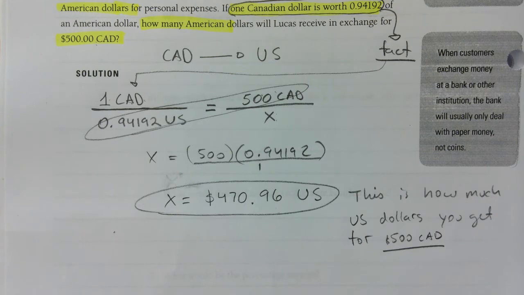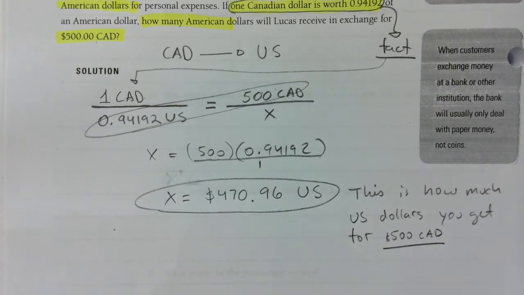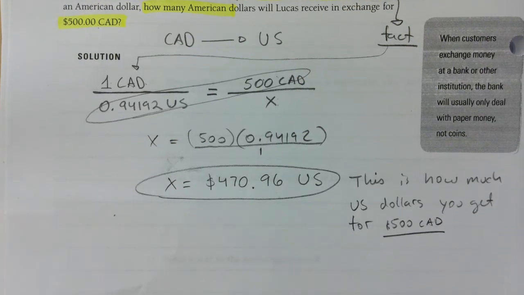You're going to get less. So basically, what that is also telling us is that their currency is worth more than ours, right? They would only need 470 of theirs to get 500 of ours. So write that down.